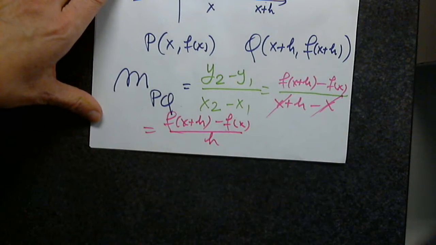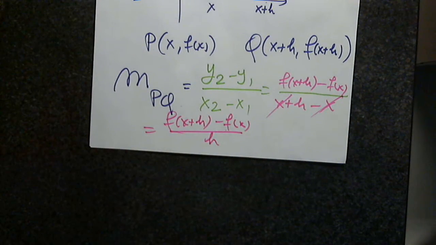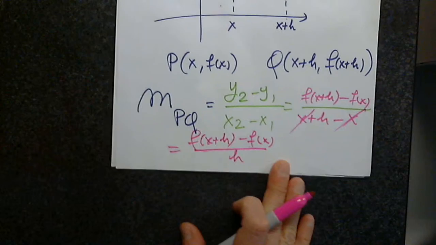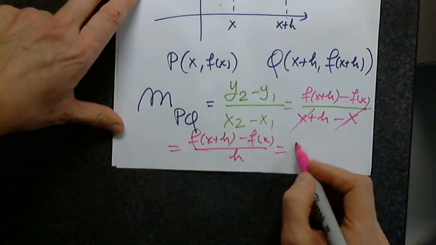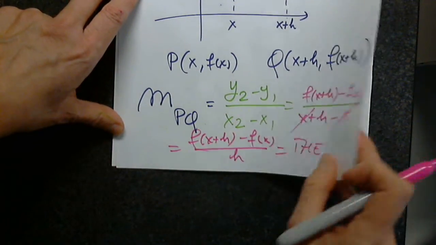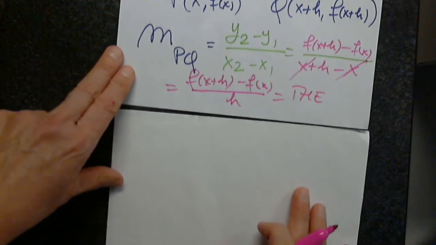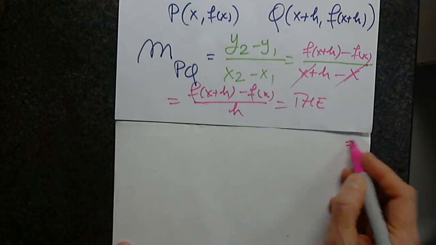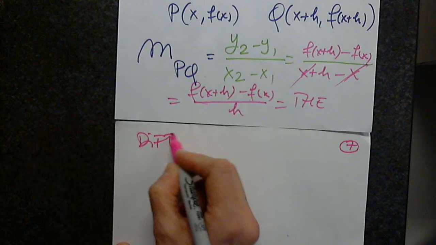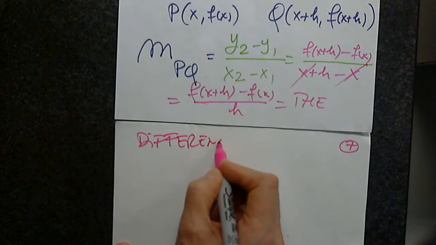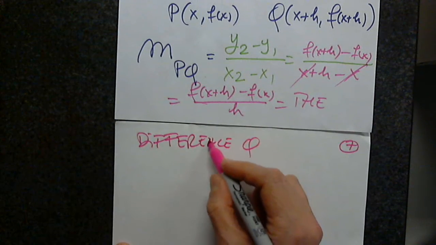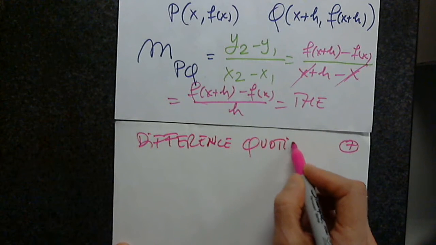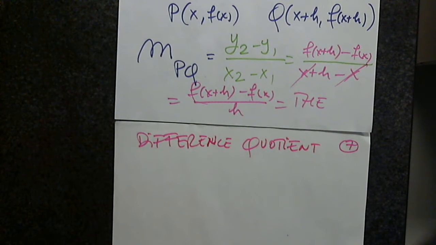You do not have to memorize this. It will be given to you. But it's called the difference quotient. What does it mean? What does it represent? The difference quotient. What does it represent?